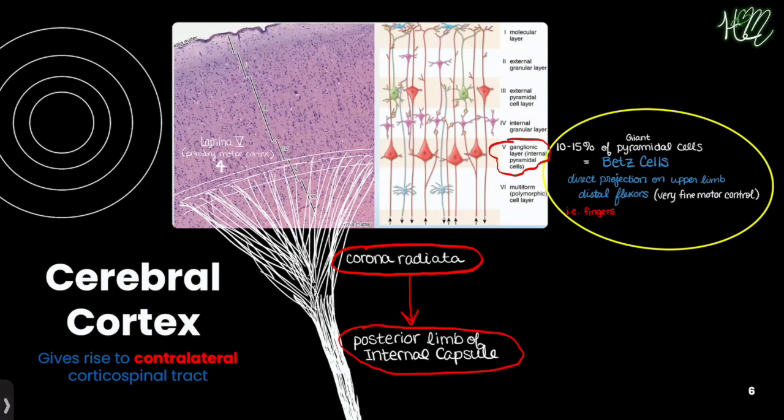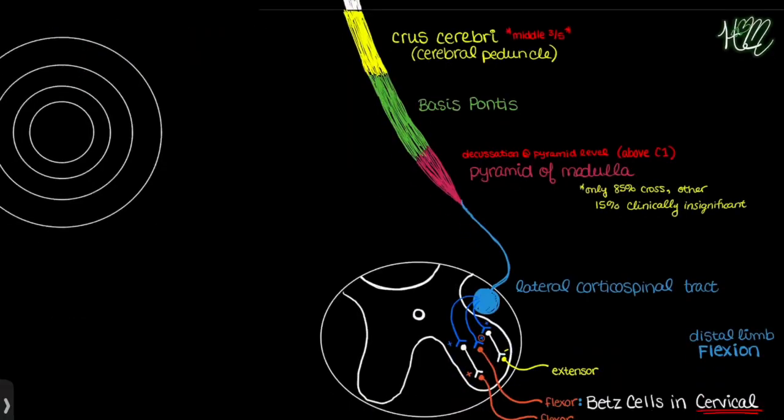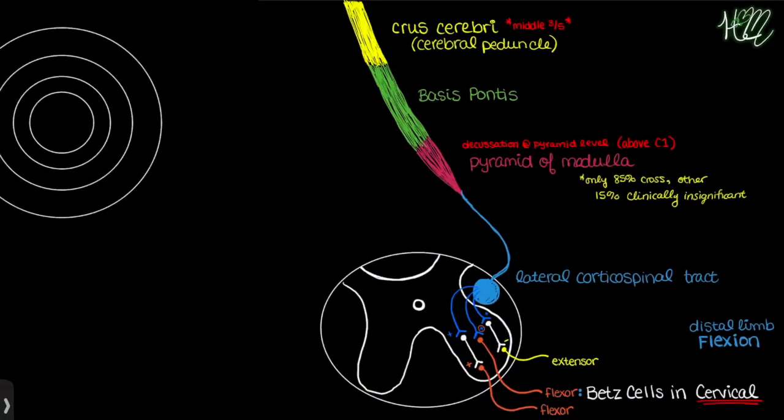So this is so, so important to remember and so high yield that we are going from layer 5 in the cerebrum of our primary motor cortex through the corona radiata into the posterior limb of the internal capsule. Next thing that's going to happen is we're going to go through the cerebral peduncle, the crus cerebri, specifically the middle 3/5 of it.